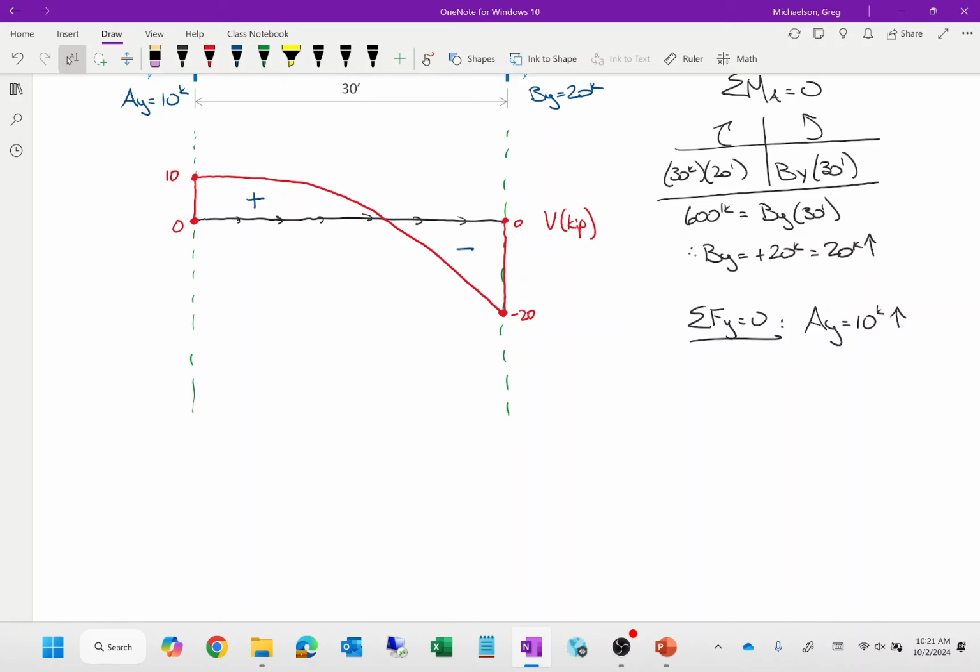Now, if I have a quadratic shear diagram, that means I'm going to have a cubic moment diagram. And I have 0 shear right here, so 0 shear should be where the moment is maximized.